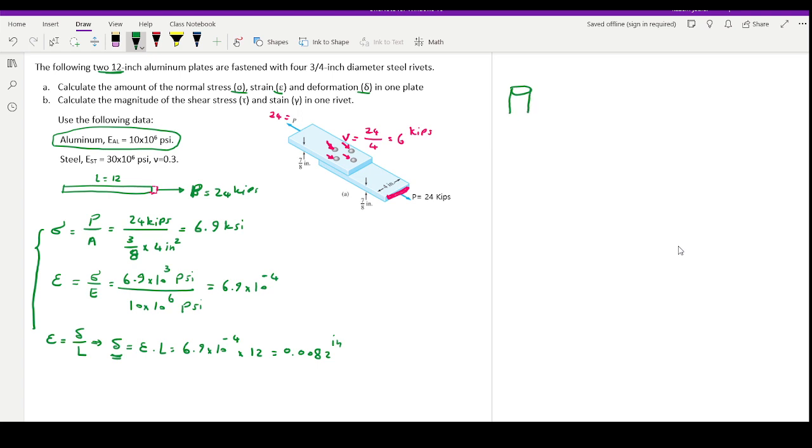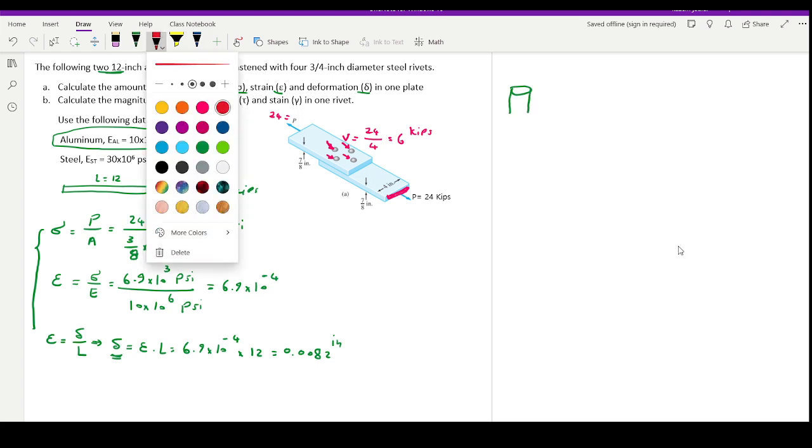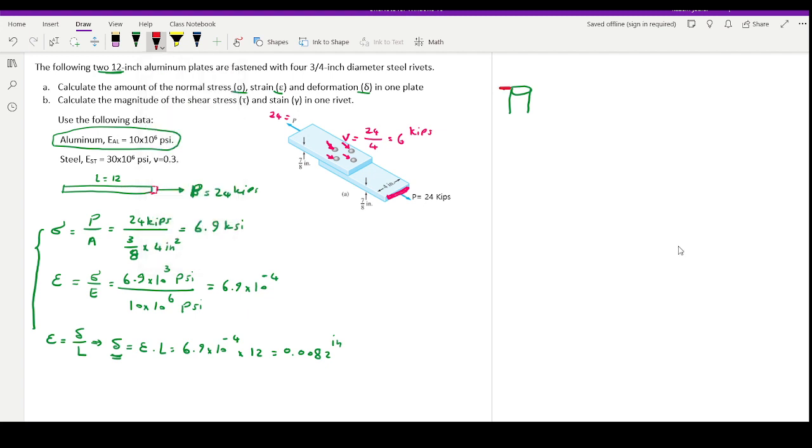Now that we have this, we can find the magnitude of shear stress and shear strain in one rivet. So this is our rivet. Clearly, this is going to be that V, and shear stress, we know that it follows this equation. Tau is equal to V over area. You see it's very identical to the equation that we had here for normal stress.